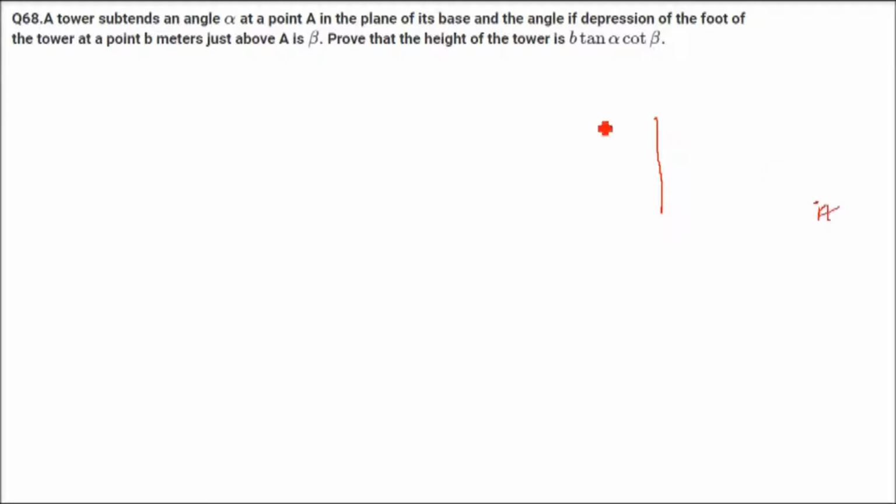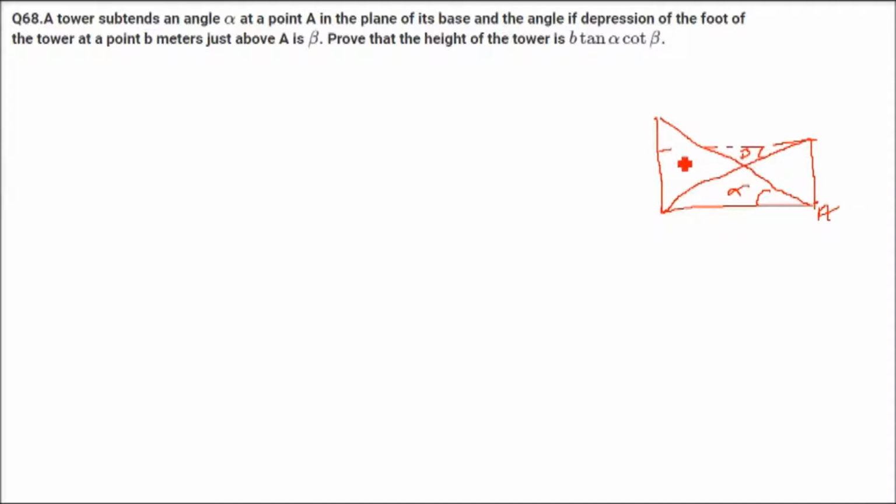So here is A, and this tower subtends an angle of alpha at A in the plane of its base. This is angle alpha, and the angle of depression of the foot of the tower at a point B. So this is B just above A, and this is the angle of depression.